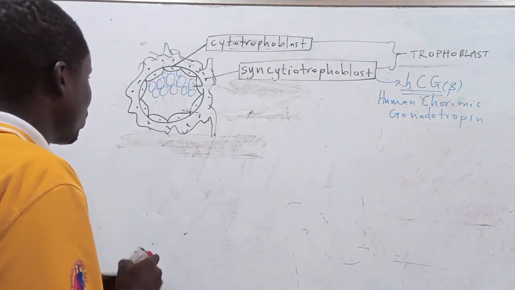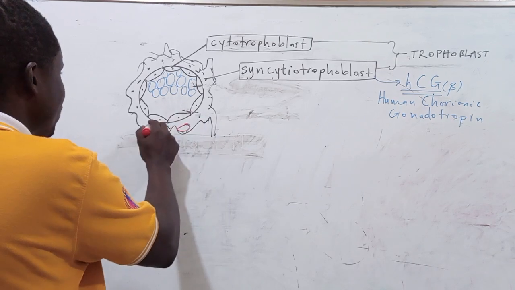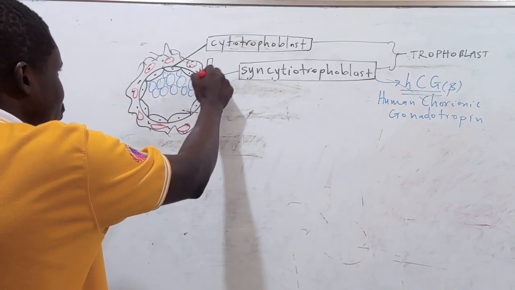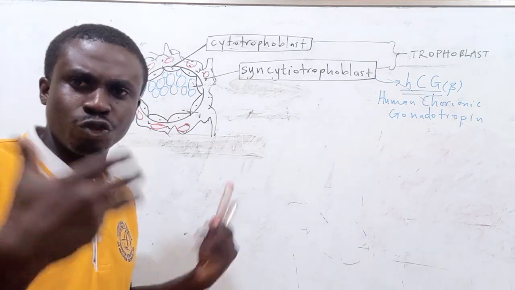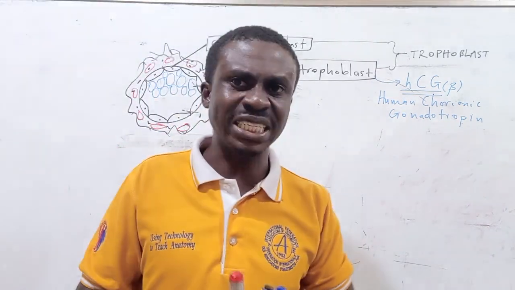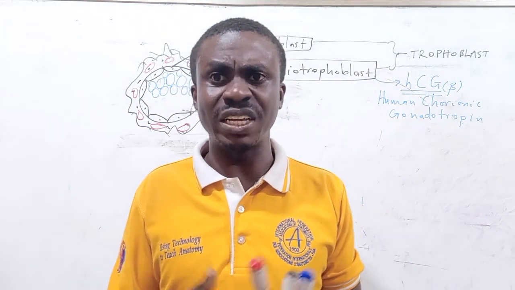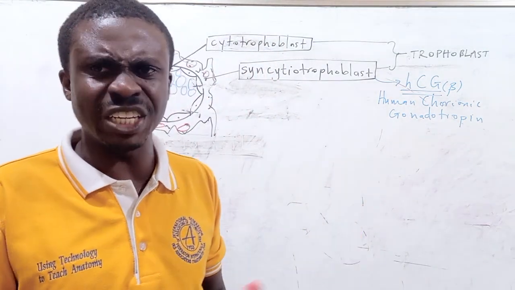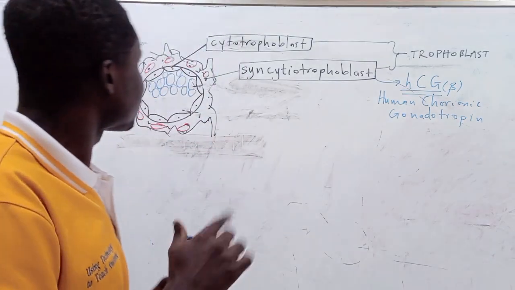There will be some kind of spaces which will eventually be filled with blood in the syncytial trophoblast, which will be continuous with the maternal sinusoidal blood vessels, so that we establish that kind of fetal placental circulation. I will explain all those things for you.